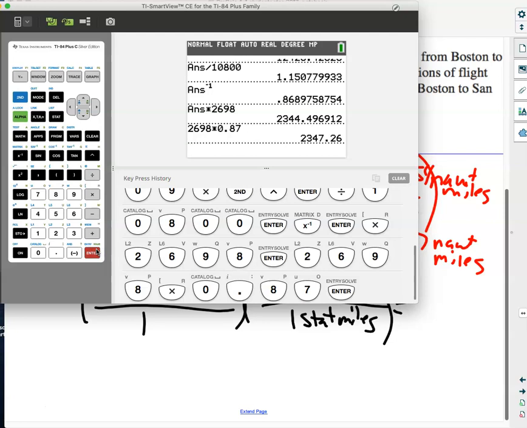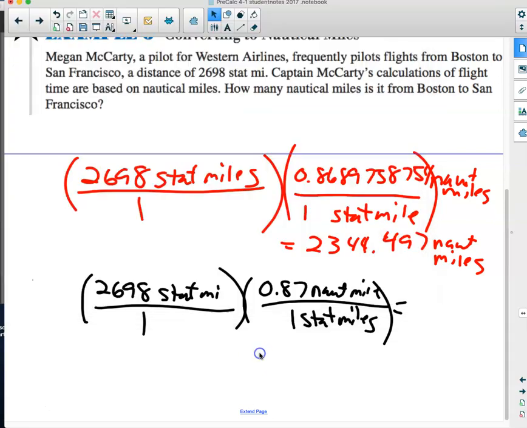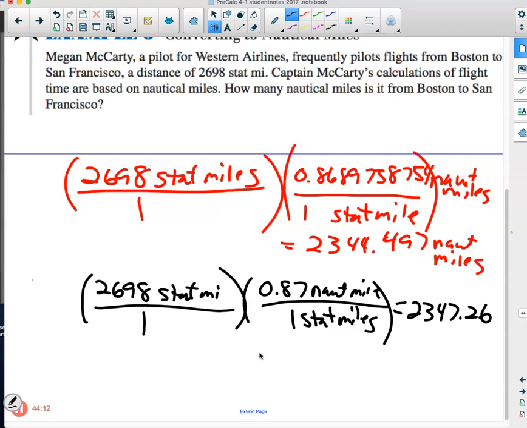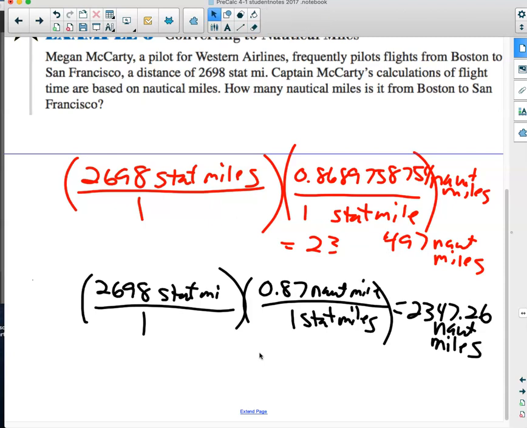So that's going to give us 2347.26 nautical miles. We realize it is going to be off because they didn't use the entire conversion with radians in there.